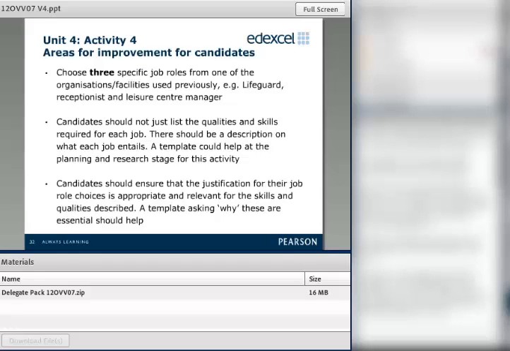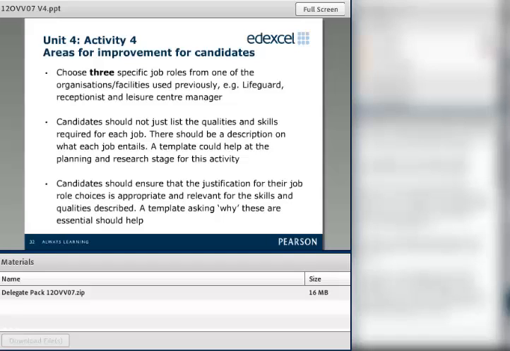You need at least one that's a managerial role, because then the skills and the actual requirements are going to be very different. So it gives focus, and it shows us as assessors and moderators that the candidates do understand that different things are required.